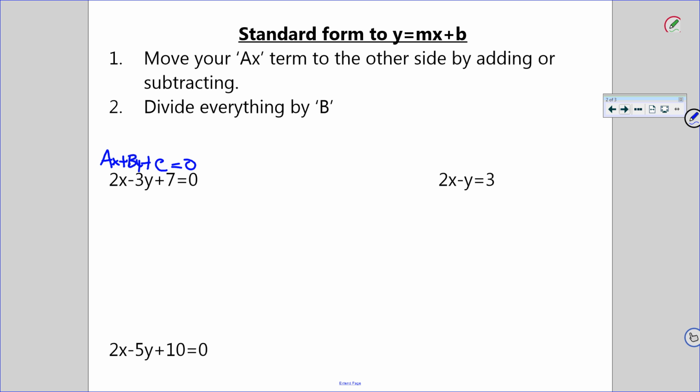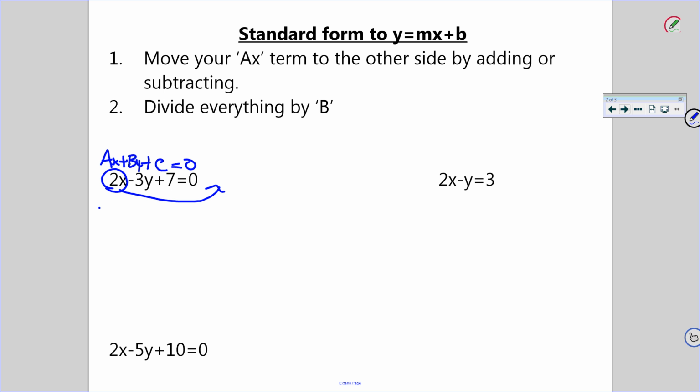Now this one example here, it's really, really specific. Instead of writing a, we wrote 2. Instead of writing b, we wrote -3. Instead of writing c, we wrote +7. So I'm going to do my first step here, move your ax term to the other side. What's my ax term? My ax term is 2x. So I'm going to take that 2x and I'm going to move it over to the other side.